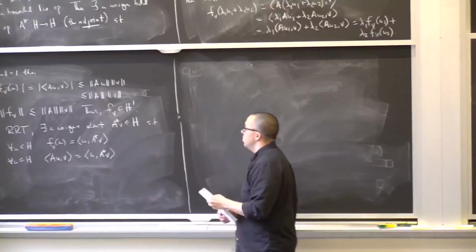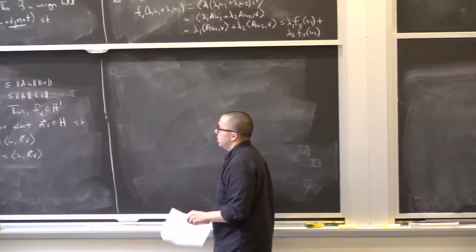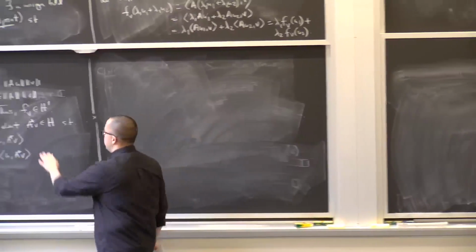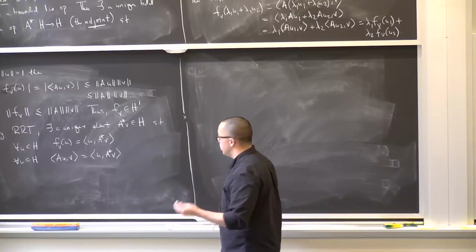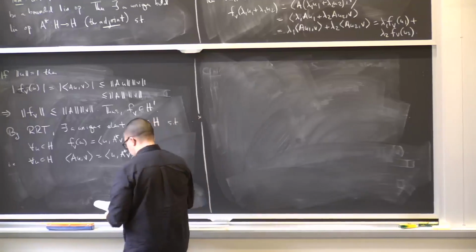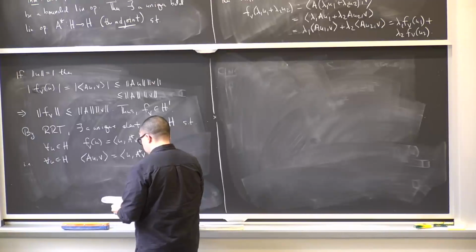Okay. So this just defines for each v an element A star v in H. So now let's prove that this map v to A star v is a bounded linear operator. That then defines the adjoint. Okay.